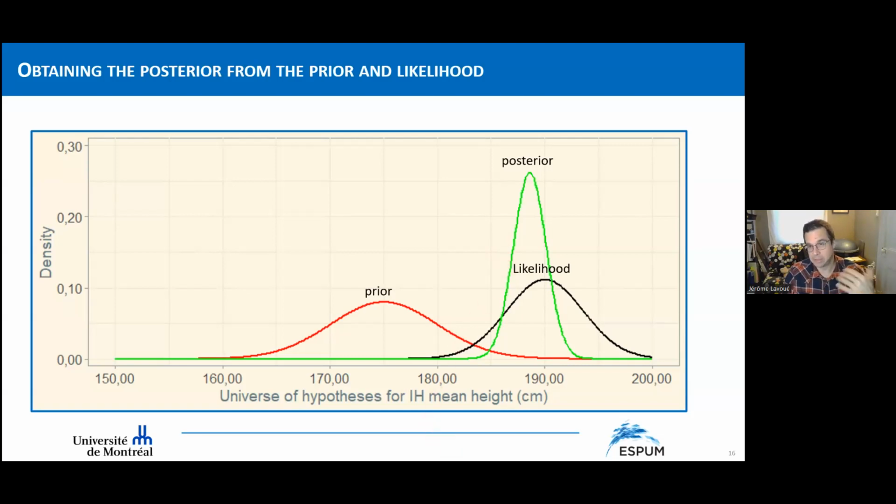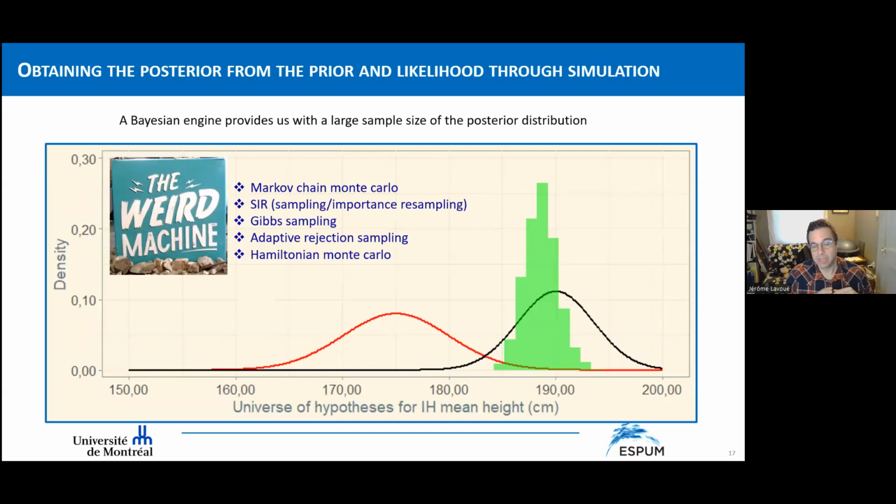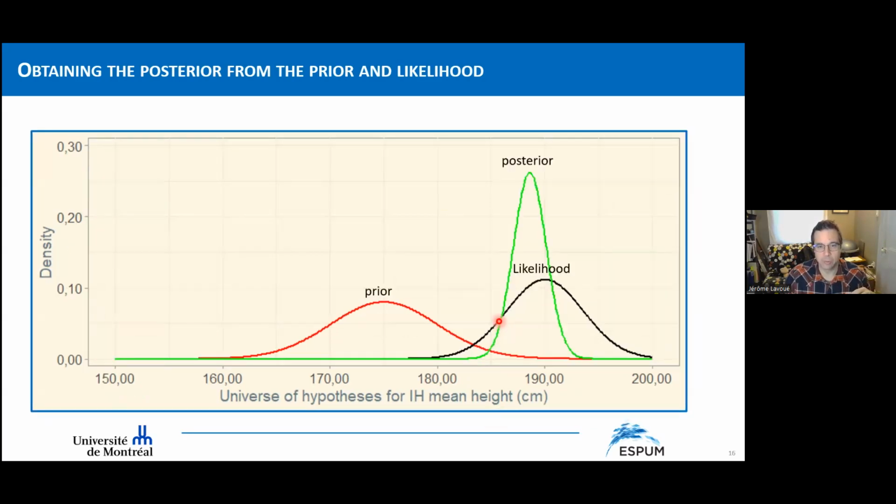So this is a simple model, but it renders very visible the way that the combination of the prior and the likelihood is actually done. One thing to note is that except for very simple examples, like the one I just described, we never get an actual equation for the posterior distribution.